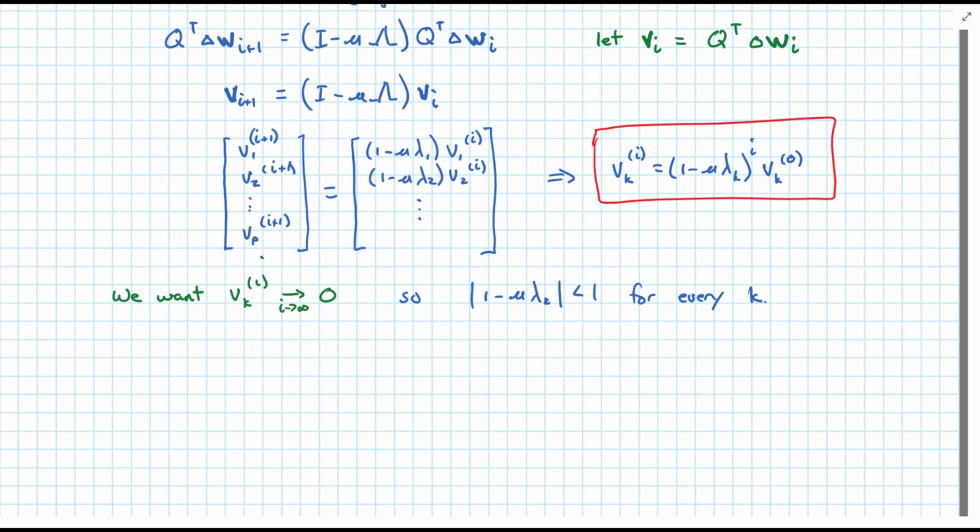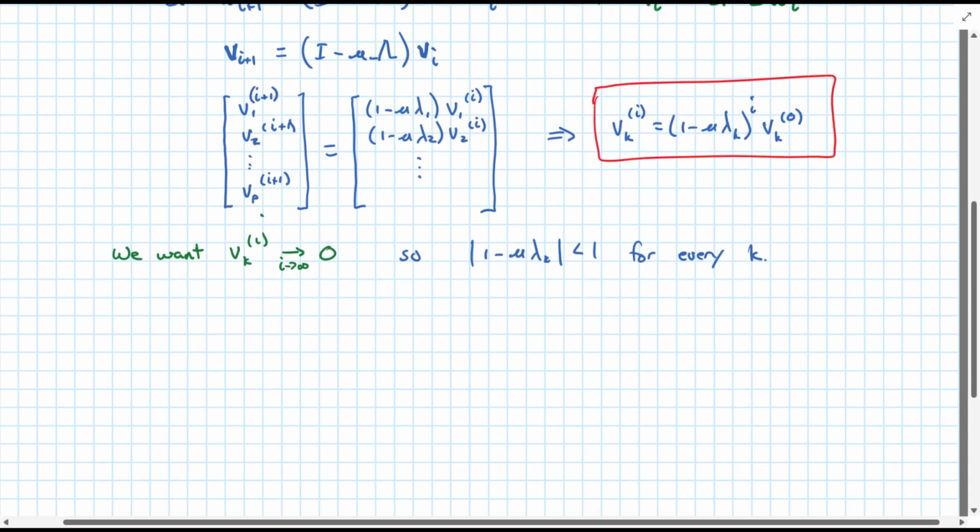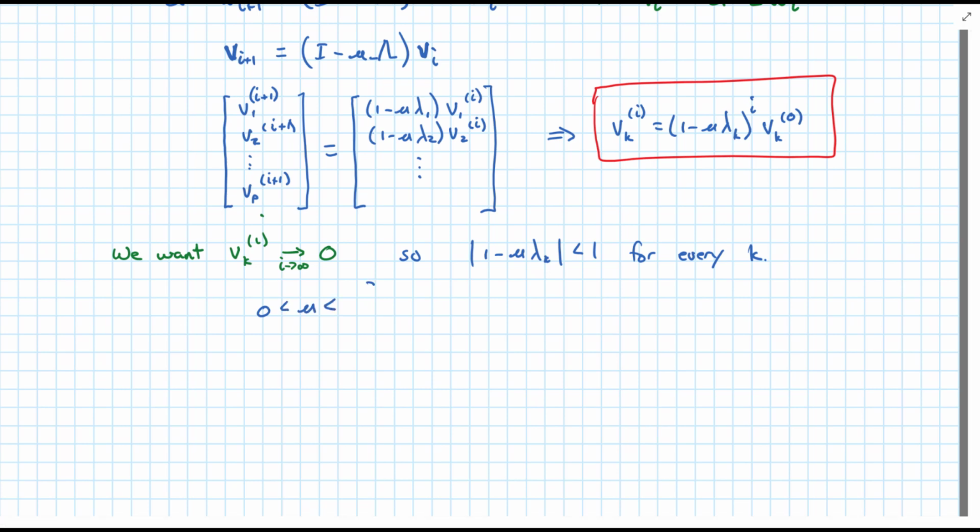So everything's the same, except that we're going to have to apply this constraint on everything. And so we're going to want mu to be greater than 0, of course, and less than 2 over lambda k for all of the k's, to ensure that all modes, if you will, converge.